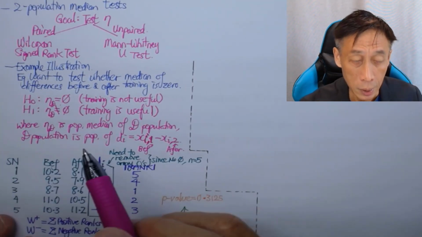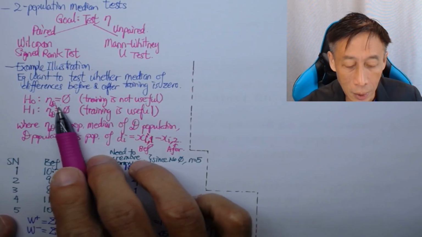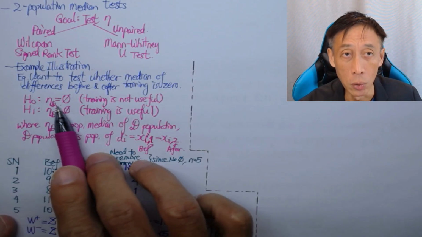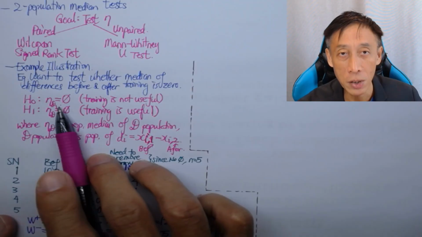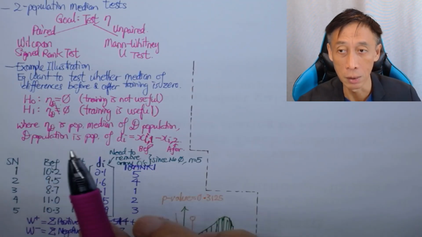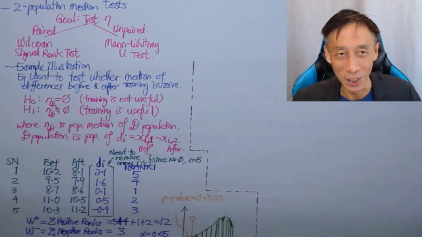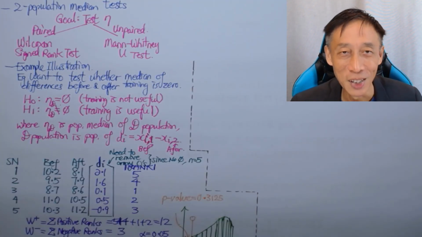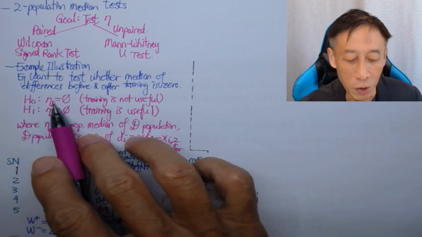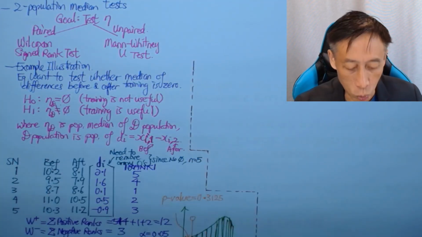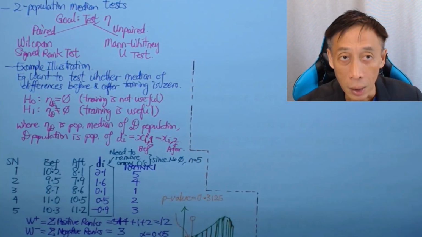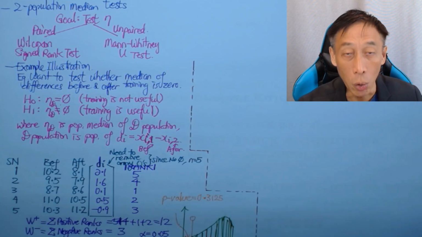Because we were using the same employee, right? So it will have a noise cancellation effect if the training is, let's say, going to jungle survival training where you have to help buddy and all that stuff to build up camaraderie, right? So if the result is do not reject, right? So again, it can be cast in doubt, and we say no because it's based on the same employee, right?